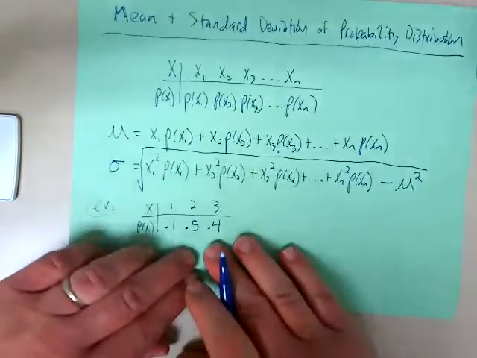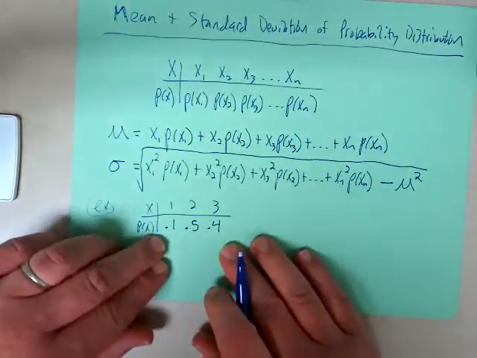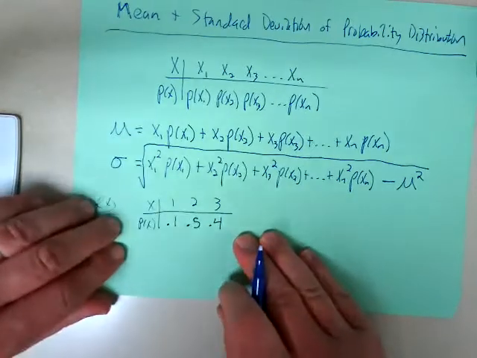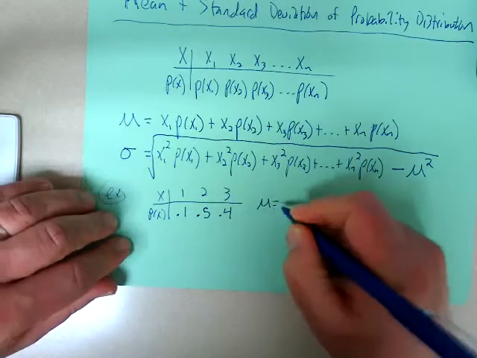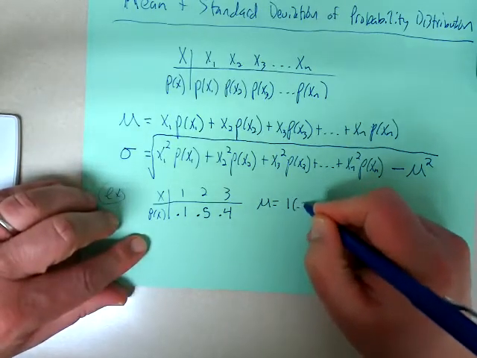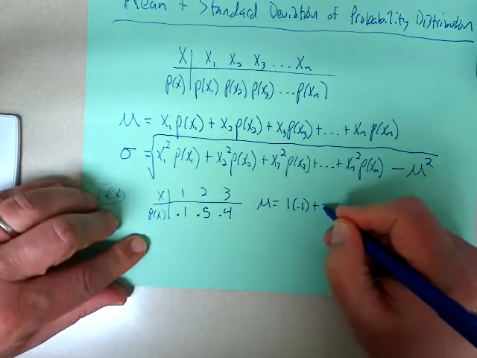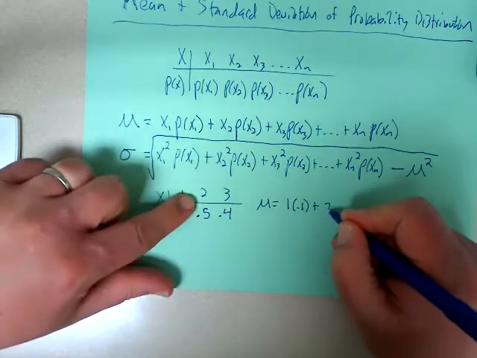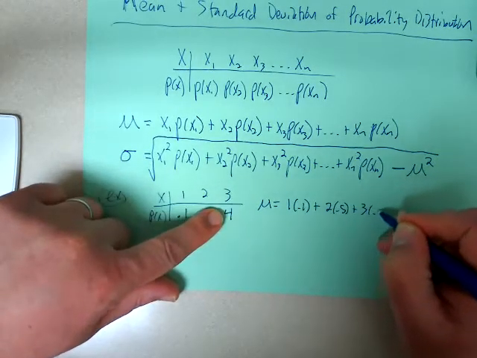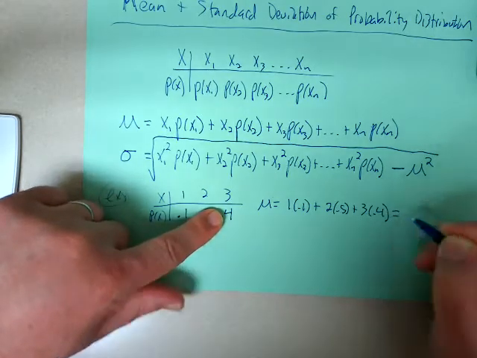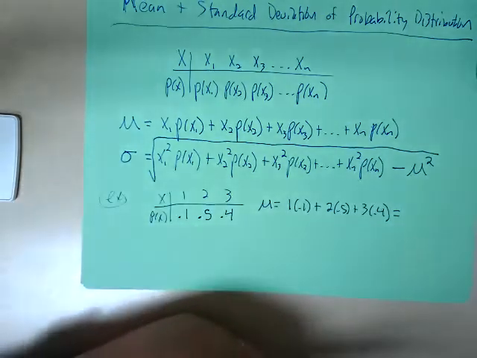Just really simple, three possible values. The mean is just each value times its probability: 1 times 0.1, 2 times 0.5, 3 times 0.4, and then you add those together.